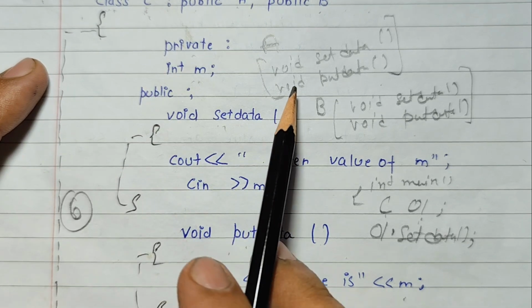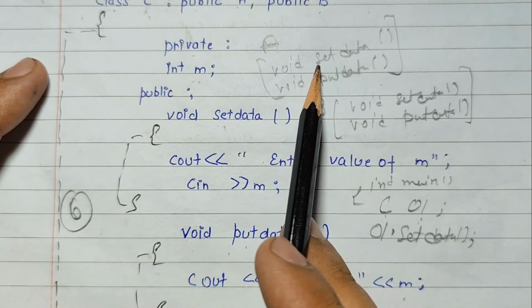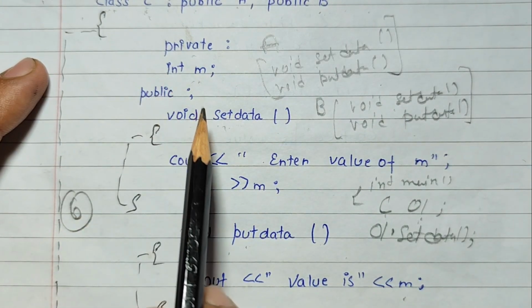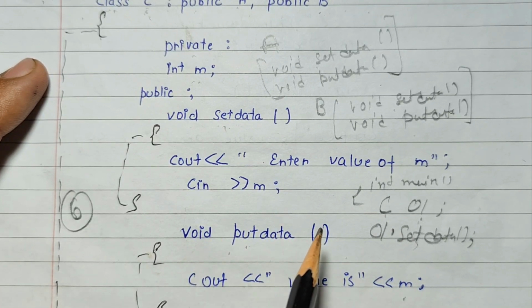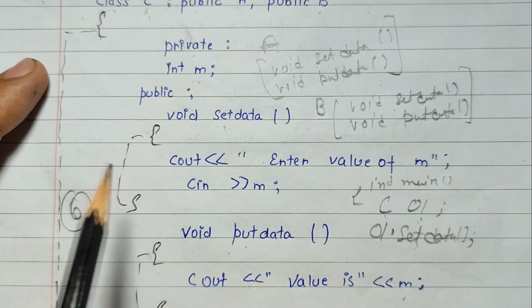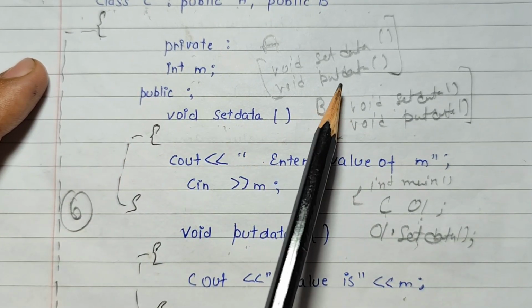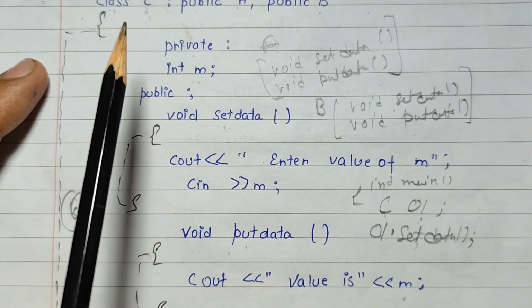Because we have 3 set data member functions. One belongs to class A, second belongs to class B, and third belongs to class C. So at this time the compiler is confused, and this is called the ambiguity in multiple inheritance, because multiple copies of the set data member function are created in a derived class. In a similar way, multiple copies of the put data member function are created in derived class C.